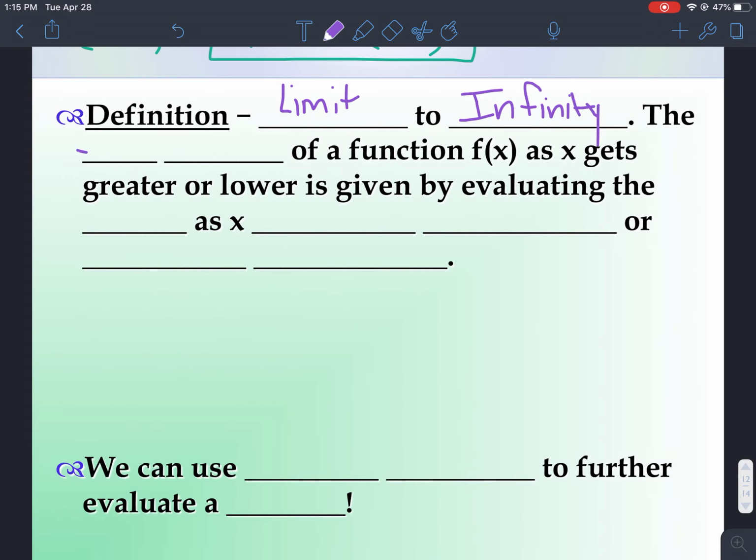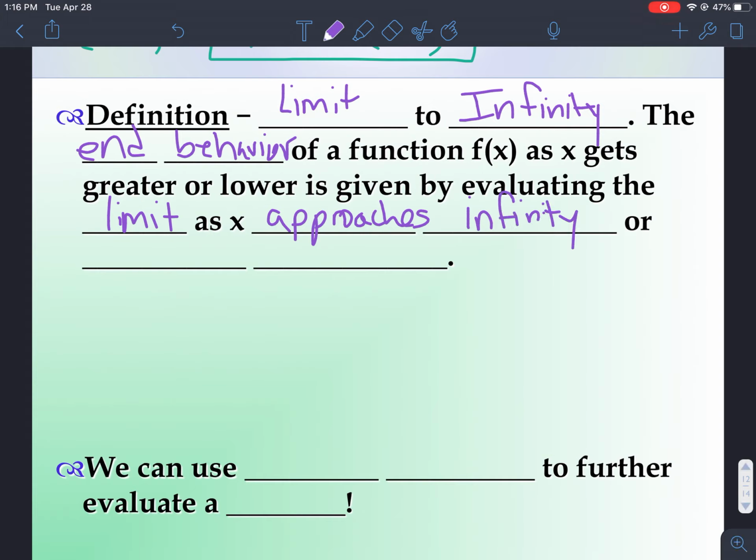The end behavior of a function f of x as x gets greater to positive infinity or lower to negative infinity is given by evaluating the limit as x approaches positive infinity or negative infinity.